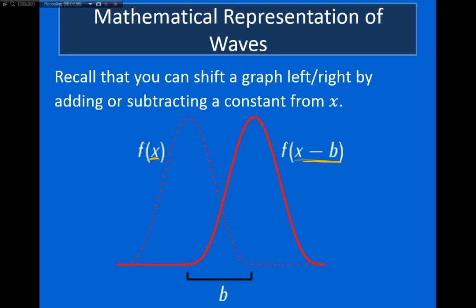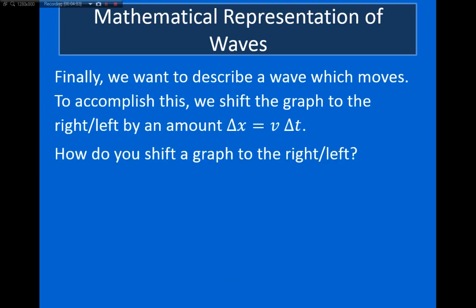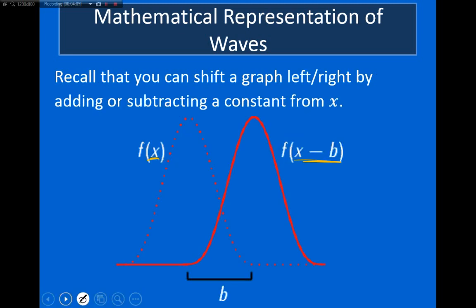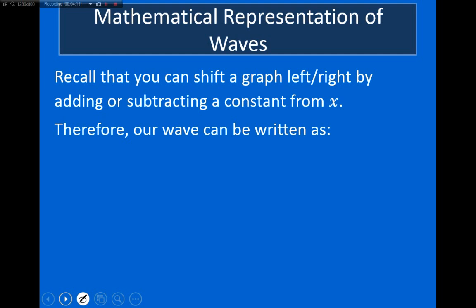So if I want a sinusoidal wave moving to the right with a velocity v, it's going to move by a distance equal to v times delta t. So I want to subtract v times delta t from x. Our previous function was A sine of 2 pi x over lambda, so now we have A sine of 2 pi times (x minus vt) over lambda.